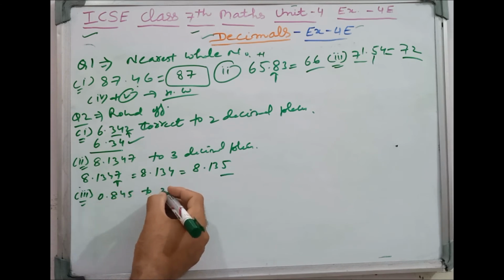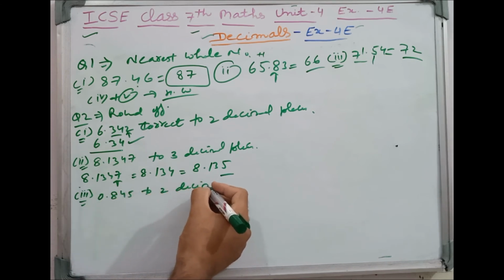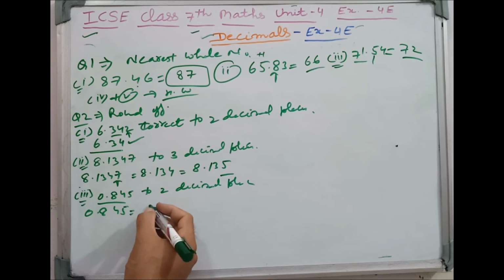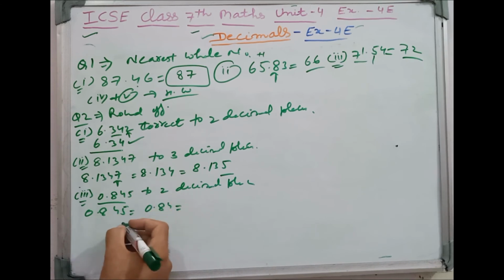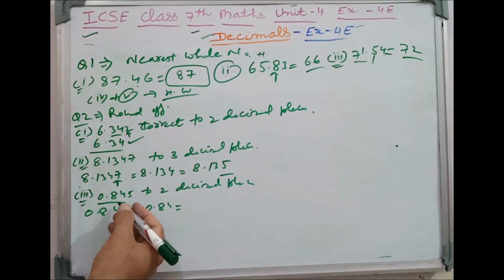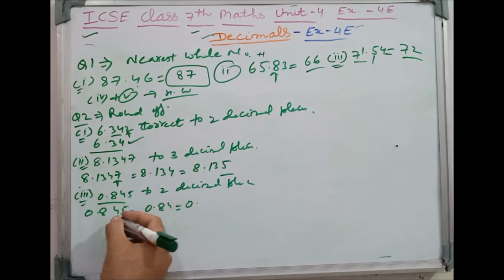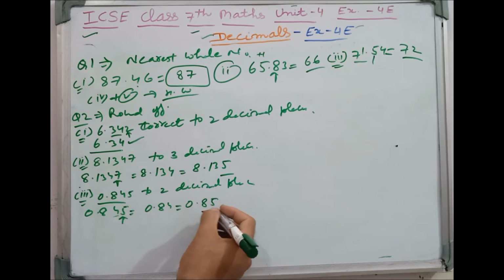Alright, students. Now the third part of question second is 0.845 to 2 decimal places. We will write it as it is. 2 decimal places are 0.84. See the third digit, 5 or more than 5. If it is 5 or more than 5, then 1 will be added to the digit. So this will be 0.85.